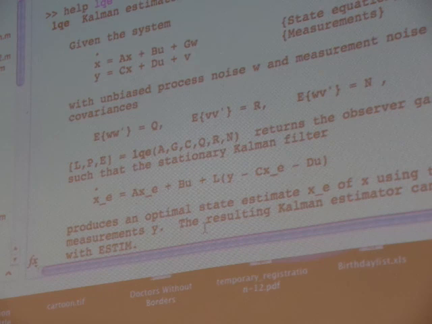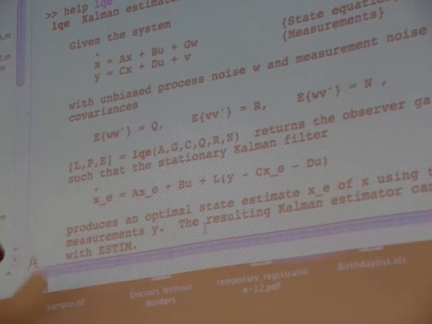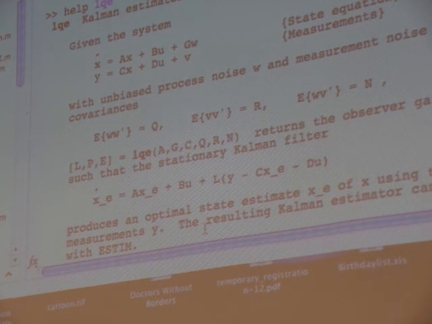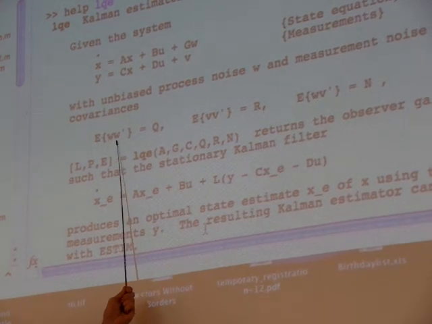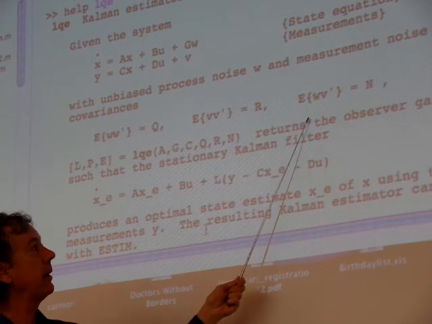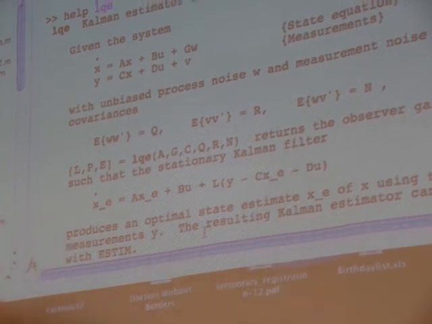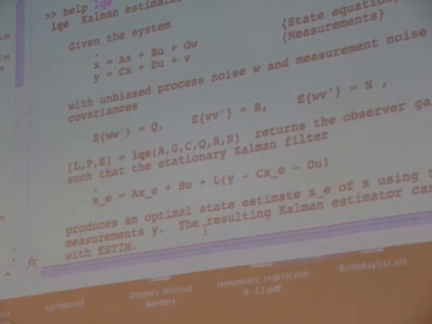We treat those as noise. Basically, we have to take these as variances. Notice there's an extra one here that we usually don't have to worry about: the expected value of W times V, a cross correlation term. Is that always 0? Not necessarily.